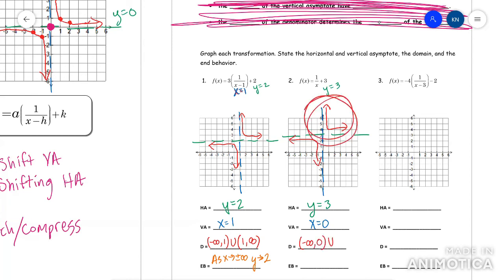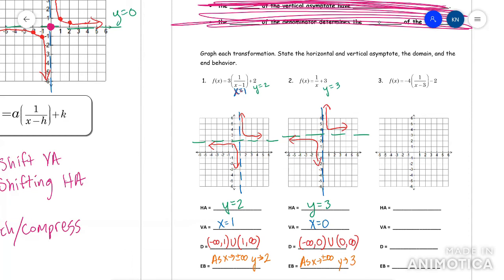And then this section of line runs from that vertical asymptote of 0 to positive infinity. And your end behavior, these arrows are going to level off at that green horizontal asymptote of 3. So if you go either positive infinity or negative infinity on your x, your y value is going to level off at 3.